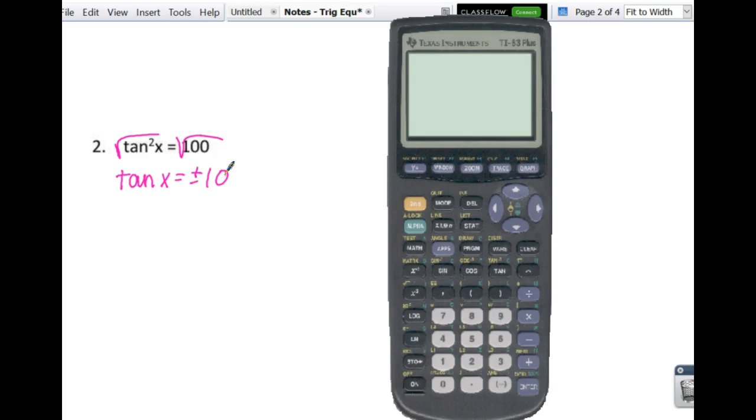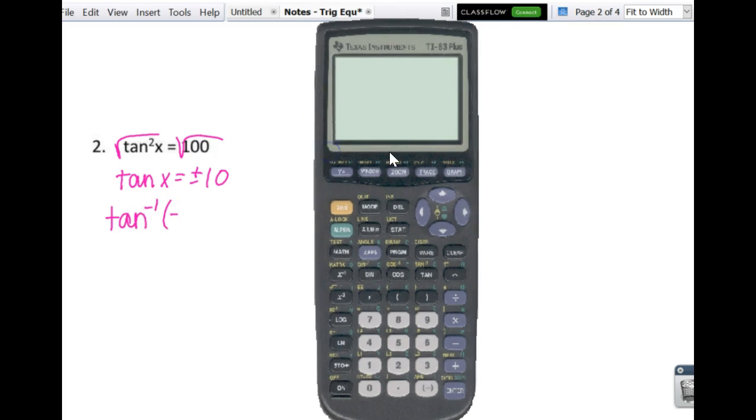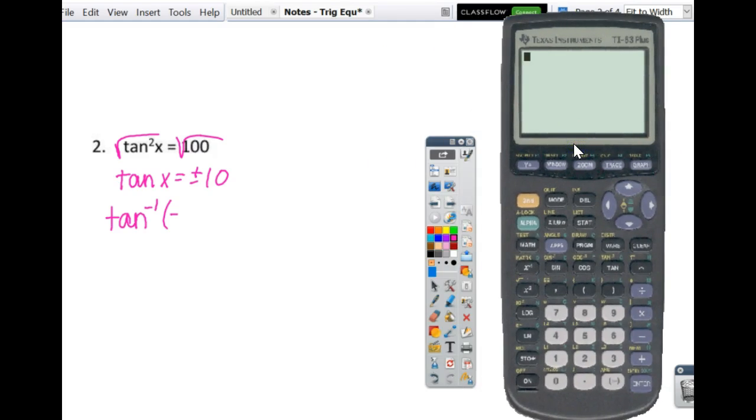So how do I find the answer? No, we're not doing that at all. We're going to do the inverse. We're going to do a positive. Why am I doing positive? Because I want the reference angle. Always. And that's going to give you this. We're going to save it again.